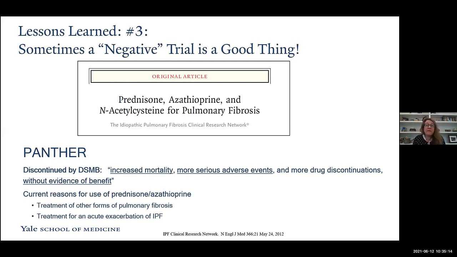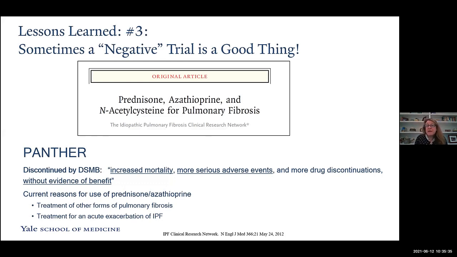And part of why that probably was before the current classification system for IPF, people were grouped together more. And so there were different kinds of diseases that were grouped together. And there were some patients in there that probably did respond, because there are some forms of ILD that do respond to these medications.